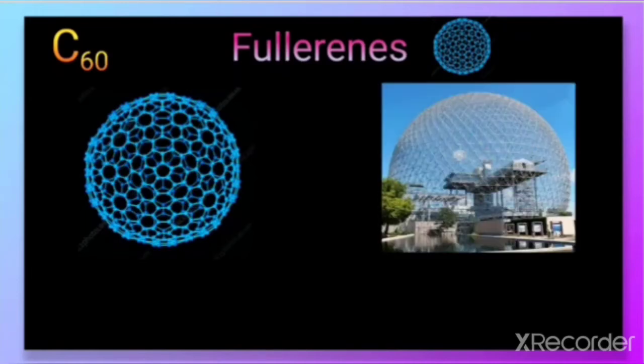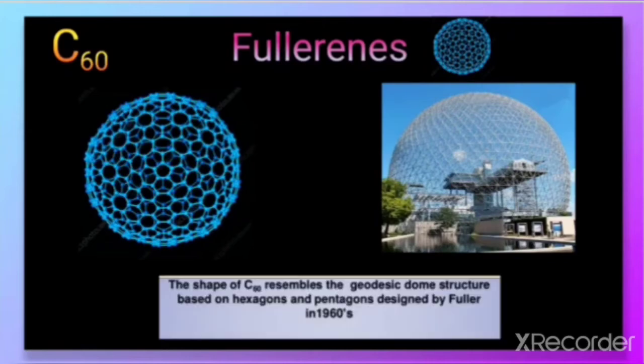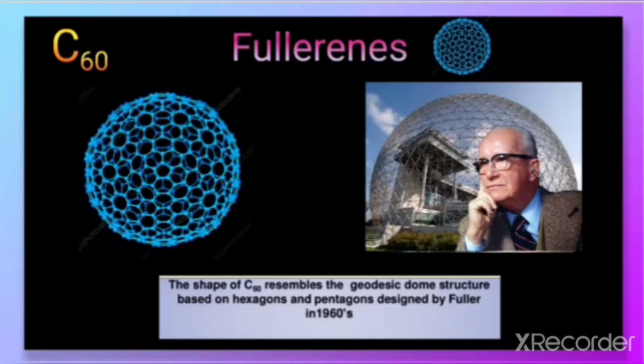Its structure quite resembles a dome, which was designed by the architect called Buckminster Fuller. On the basis of this, it was named Buckminster Fullerene.